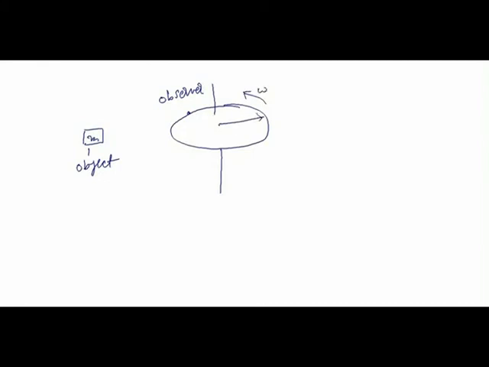Suppose there is an object of mass m and there is an observer which is moving around a circle. This is the axis of rotation of the circle. The angular velocity of the rotation is omega. The radius of the circle is r, so the linear velocity v would be omega r.